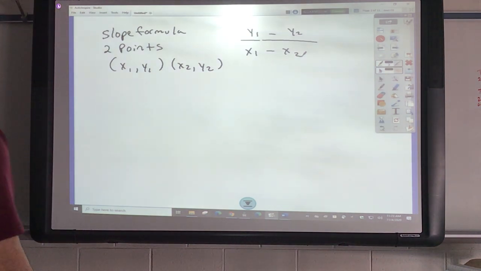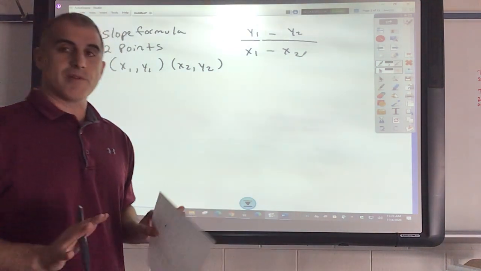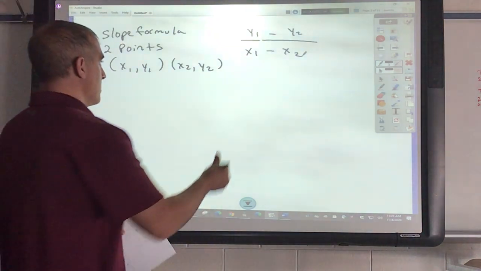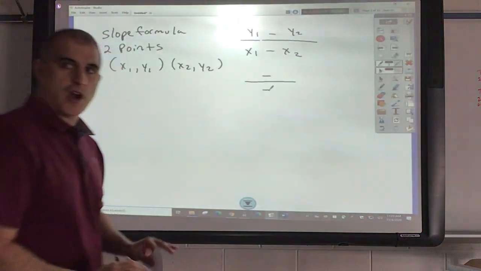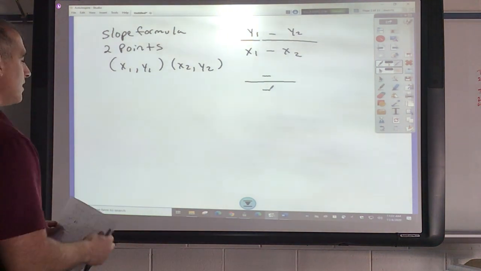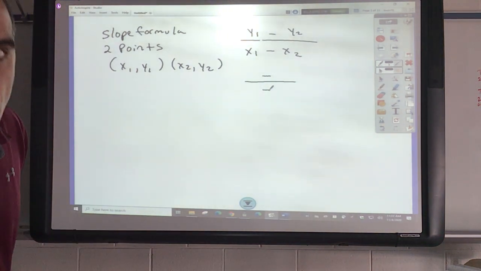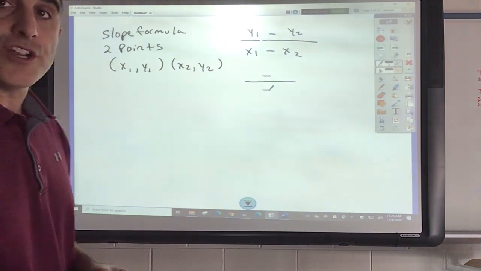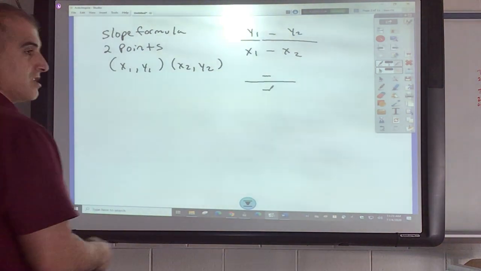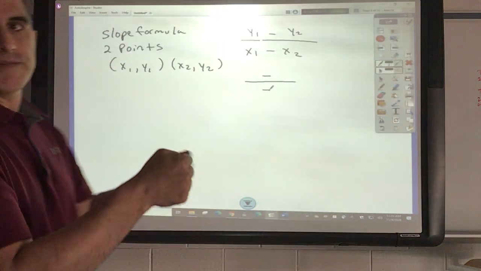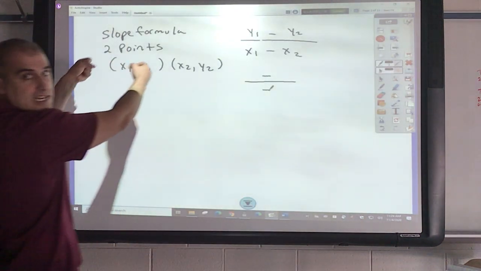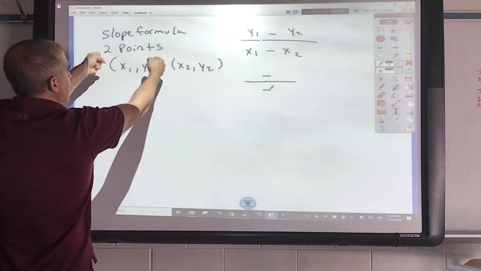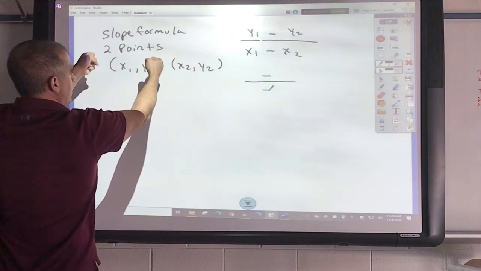I'm going to give you a little trick to remember the slope formula. The slope formula always has a minus and a minus between it. Some of you aren't old enough yet, but eventually you will learn how to drive, and when you drive, you put your hands at 10 and 2. Now, we're going to pretend the point is our steering wheel.